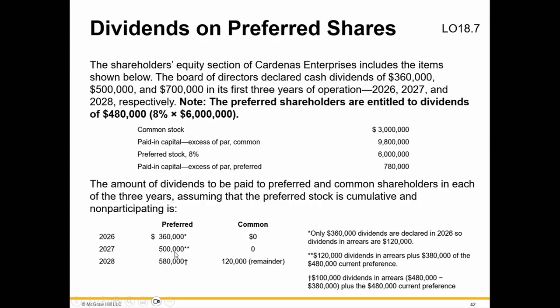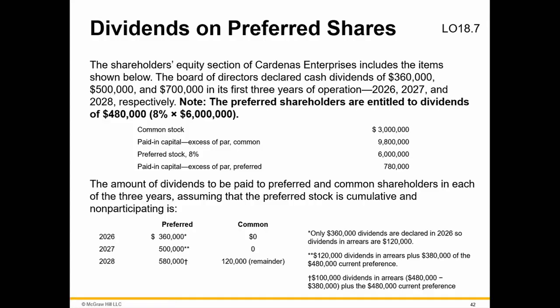We get to 2027, and there is a total of 500,000 to distribute, right? Right off the top of that 500,000, 120,000 right away goes to the preferred. That leaves me with 380,000 left to give them for their current year dividend.